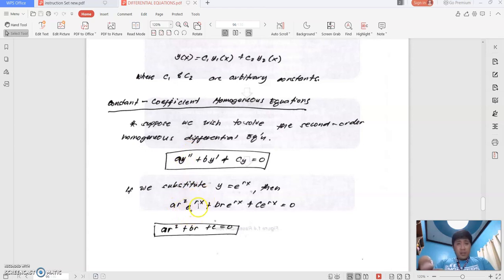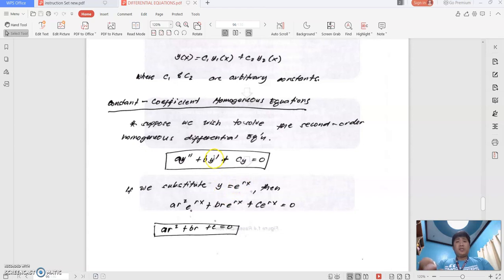When you derive it twice, you will have r squared, a variable representing the second derivative, times a constant. Then y prime is b times y prime, with r, and y represents e raised to the power of rx.